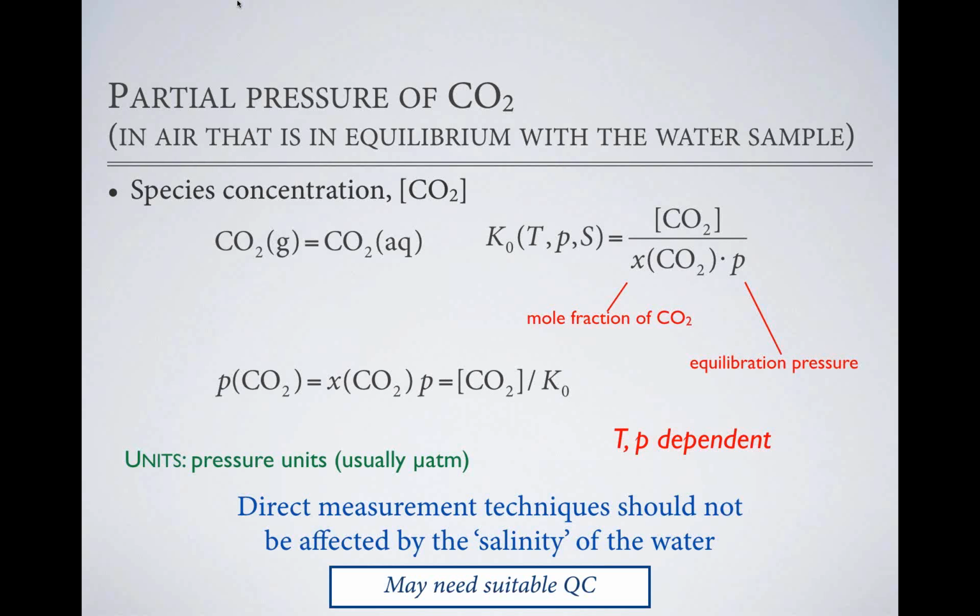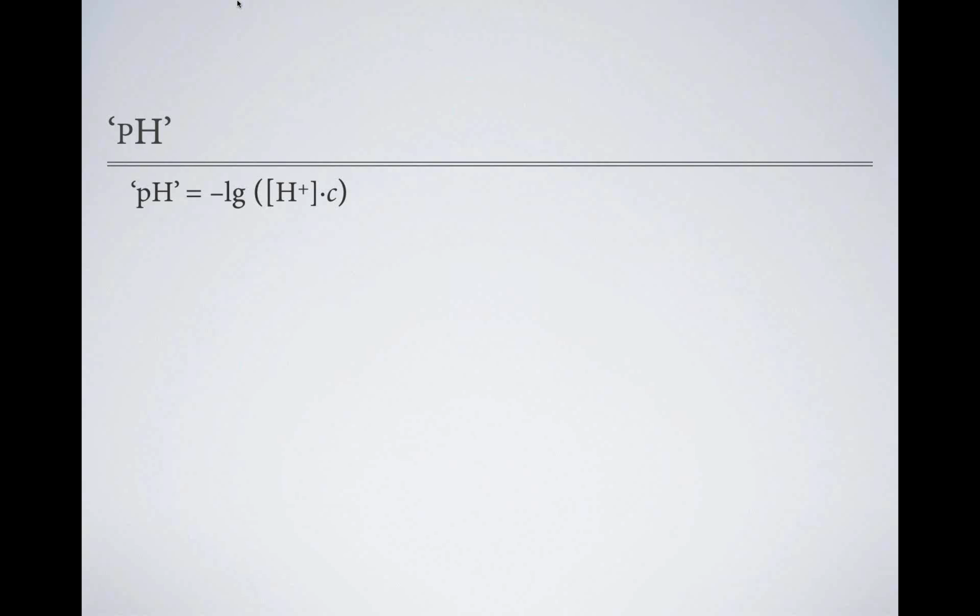The biggest problem I feel with many of these devices, particularly the ones that are relatively cheap and convenient, is that quality control of how good you're doing is not so easy. And you need to think, what is the likely uncertainty on my pCO2? Because you're going to want to know that.